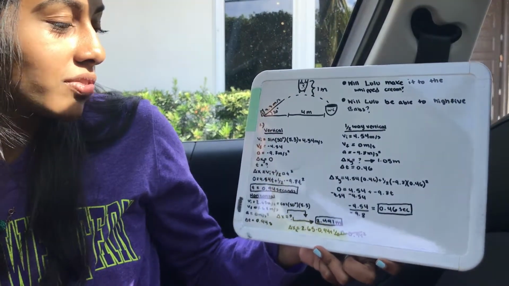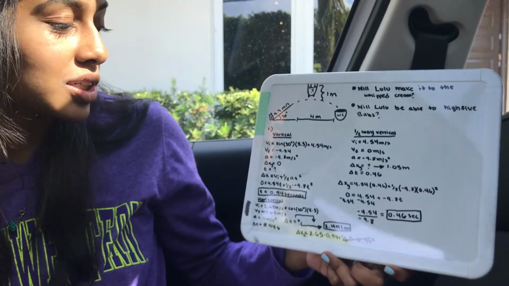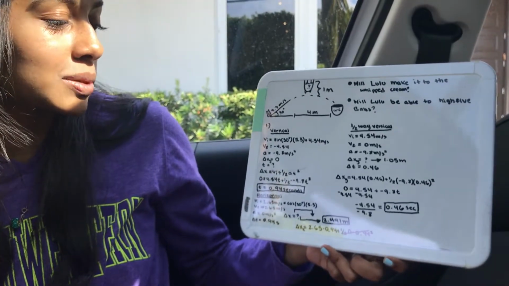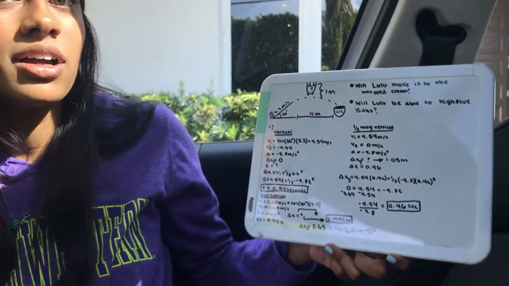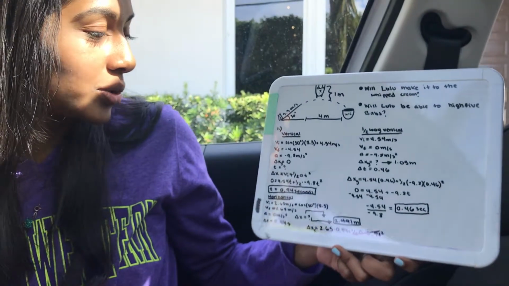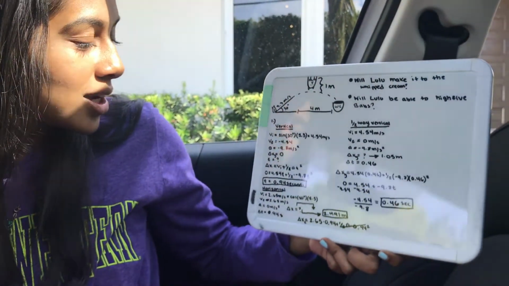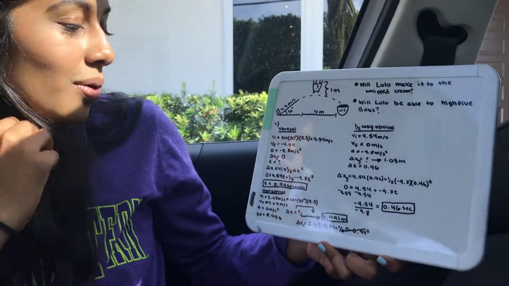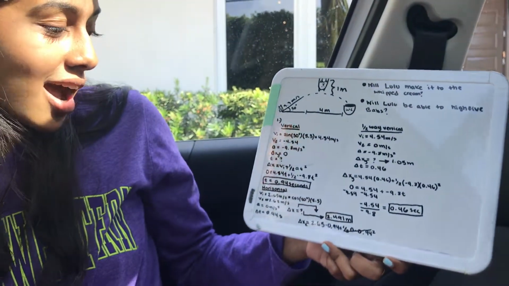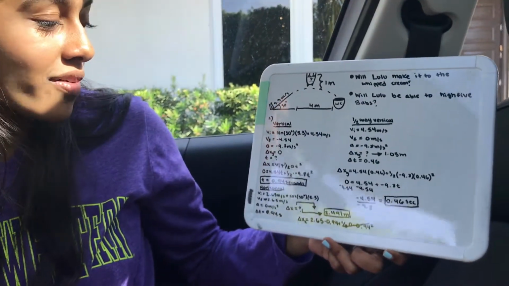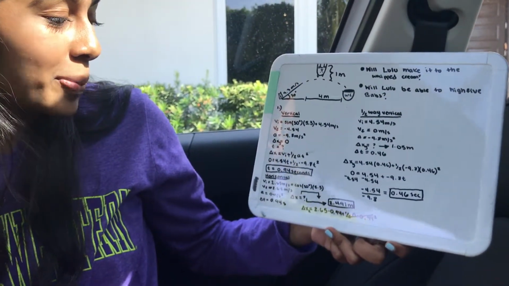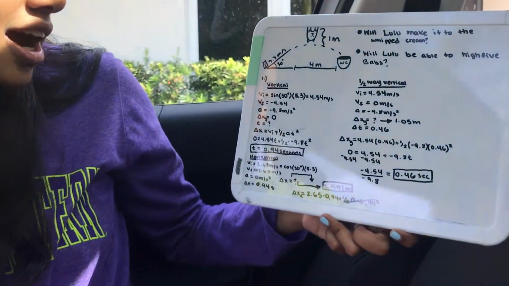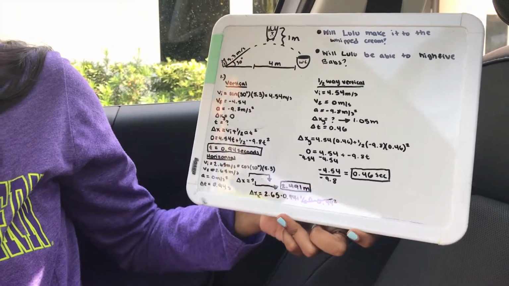And the acceleration in the vertical direction is negative 9.8 meters per second squared, because negative 9.8 meters per second squared is a component of vertical motion. So we can calculate how much time Lulu is going to take to reach the bowl by using the equation delta x equals vi t plus 1/2 a t squared. By plugging in the values that we got, we get the time to be 0.94 seconds.